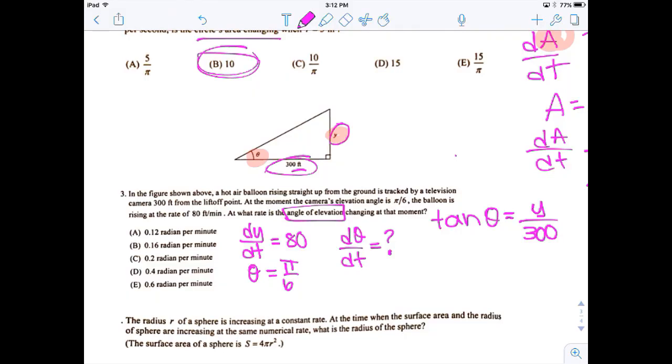Taking a derivative of this, I would have secant squared theta times d theta dt equals 1/300 dy dt. You could also use quotient rule there, but remember that y over 300 is just 1/300 times y, right? So that's all I did there.